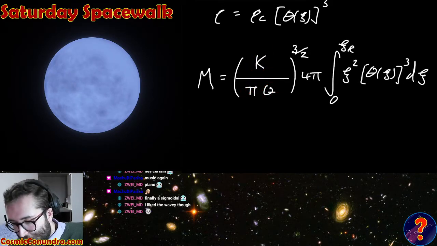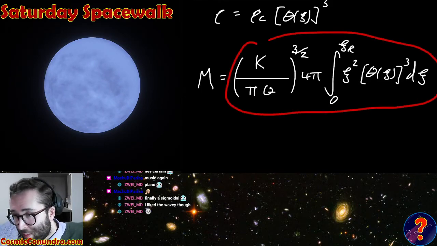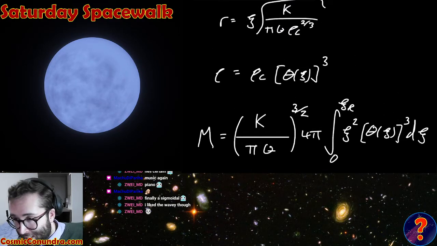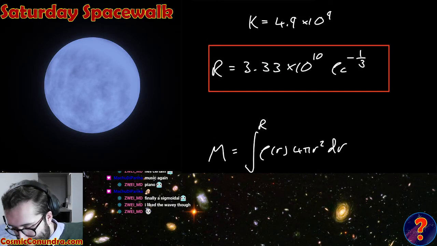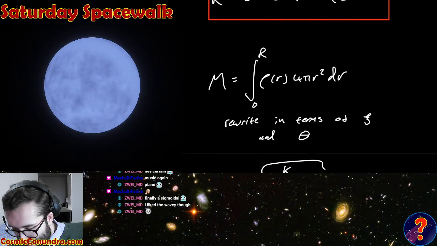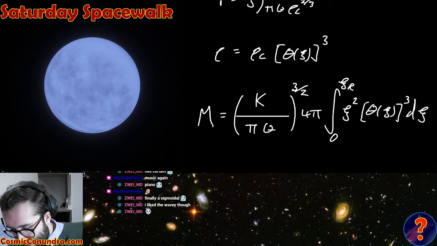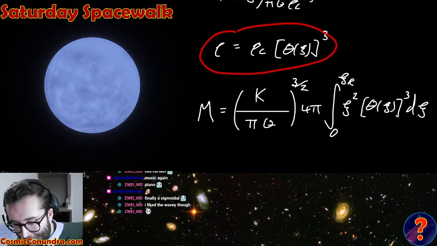Now, what you'll notice, interestingly, is that the core density has actually dropped out of this expression. This isn't a mistake. This isn't something we've done wrong. Remember, the density is proportional to the core density.